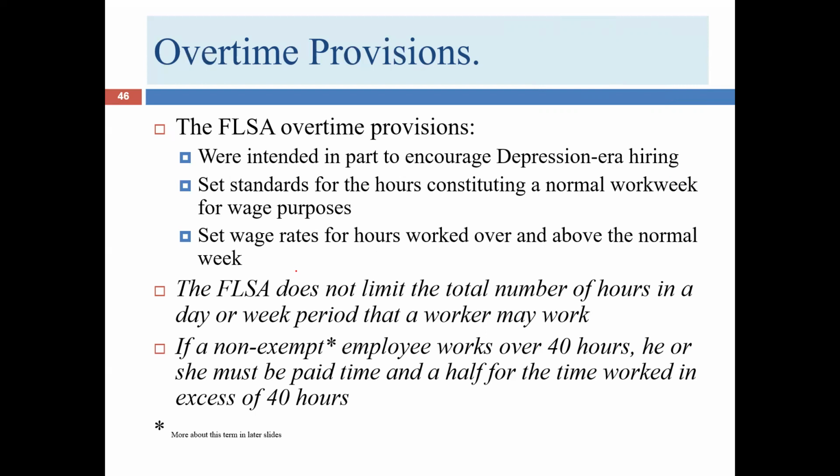It could be disruptive for people's health, given some of the industries that might be involved. But probably even a bigger concern was the fact that there were so many people who didn't have a job at all. And so the idea was, what if we could spread the love a little bit? And instead of having one person work 60 hours a week, maybe we could have 2 people work 30 hours a week. And that would mean that many more families were having their basic needs being met.